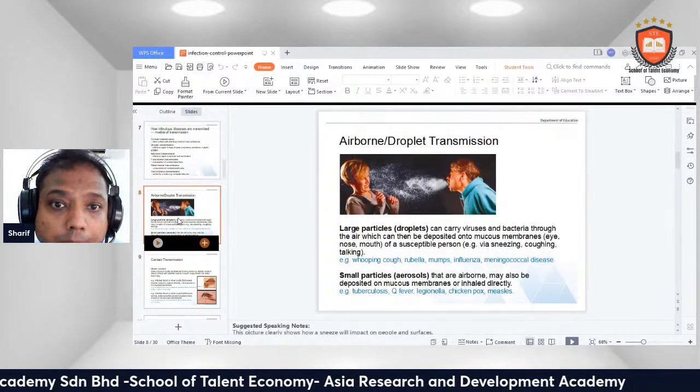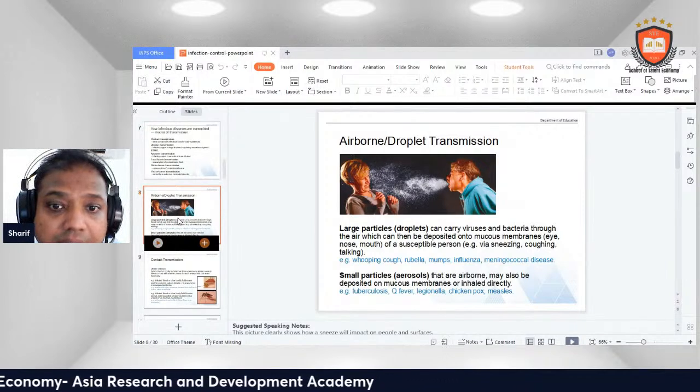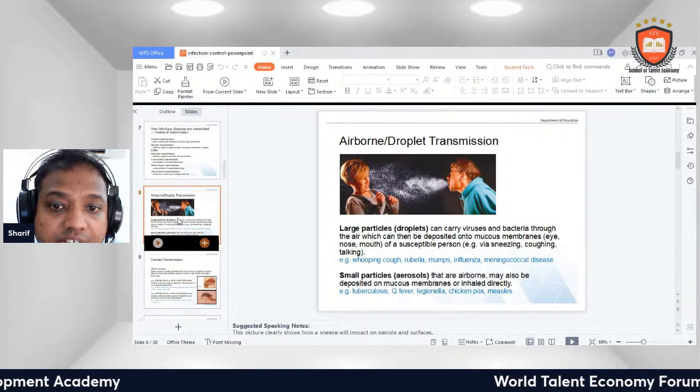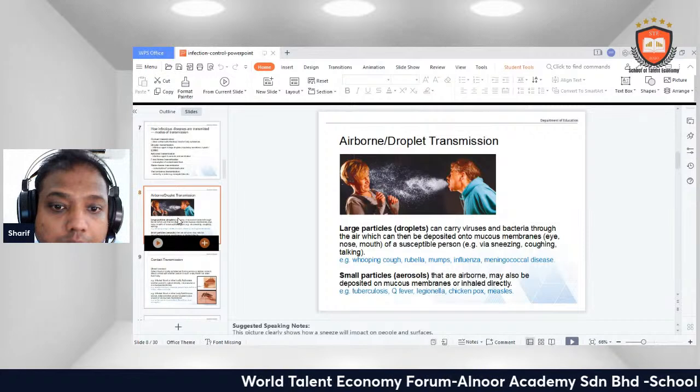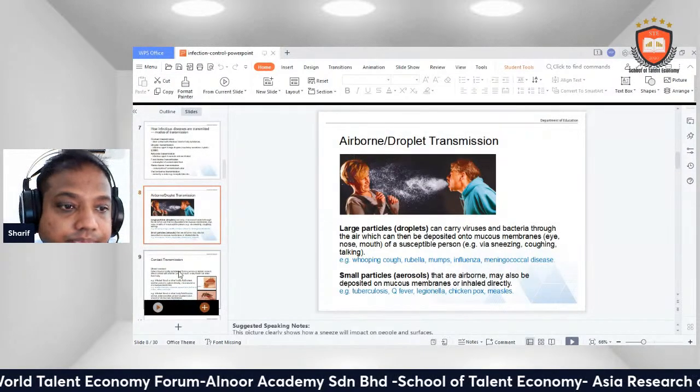Vector-borne transmission, carried by vectors. Airborne or droplet transmission: large particles can carry viruses and bacteria through the air, which can be deposited onto the mucous membranes of other susceptible persons. Small particles that are airborne may also be deposited on mucous membranes or inhaled directly.